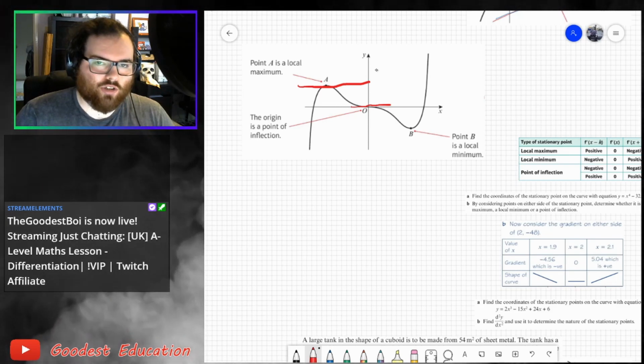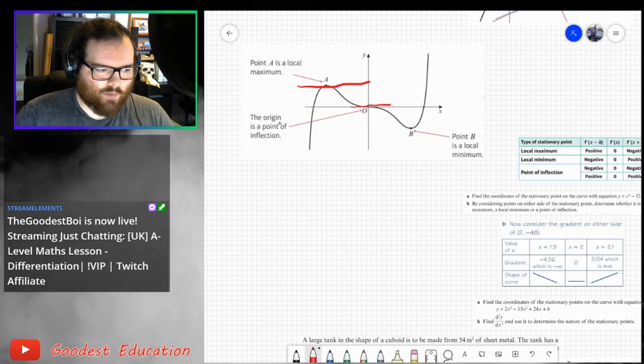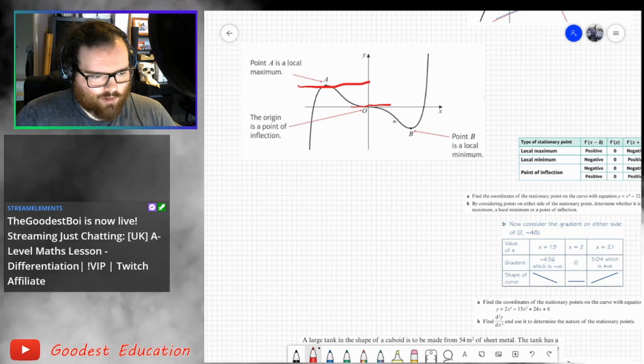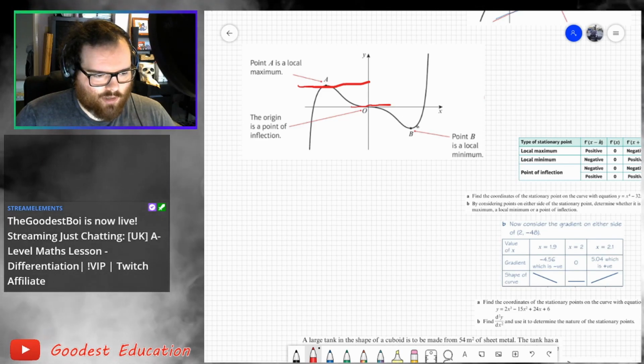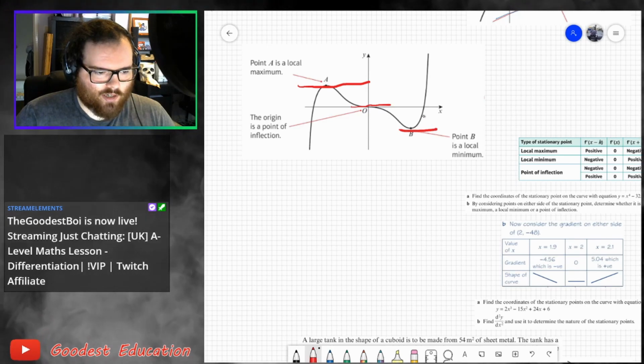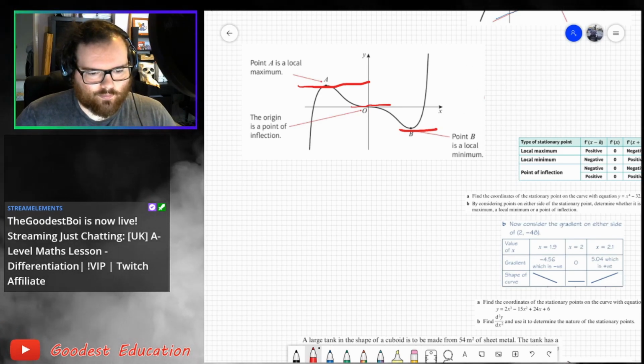It hasn't turned, it's just carried on decreasing. So we call this a point of inflection. And then the gradient coming towards B is decreasing, the gradient is equal to 0, and then the gradient increases. It becomes positive and the function starts going up.